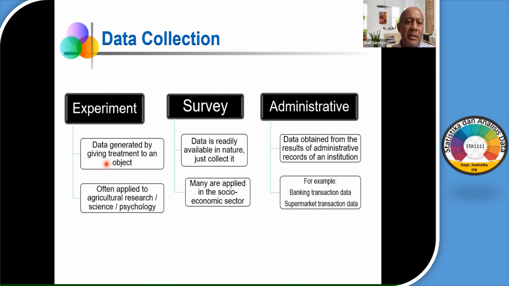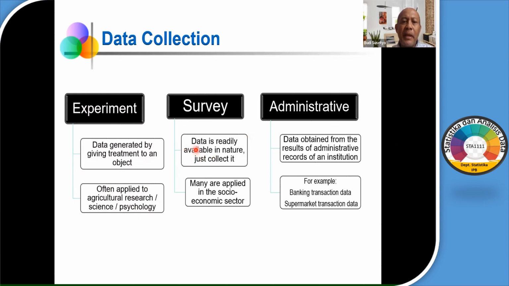That means the data is generated by giving treatment to an object, so we call the method an experiment. Normally, experiments are applied in agriculture, psychology, or biology.